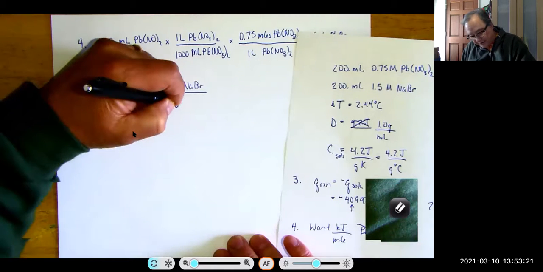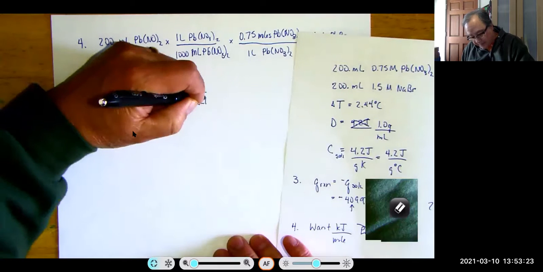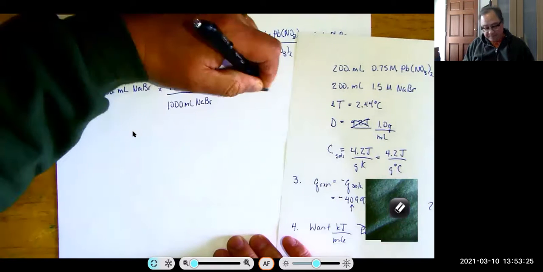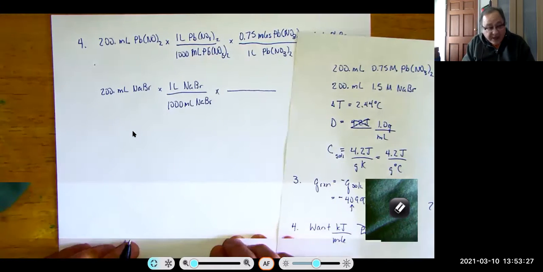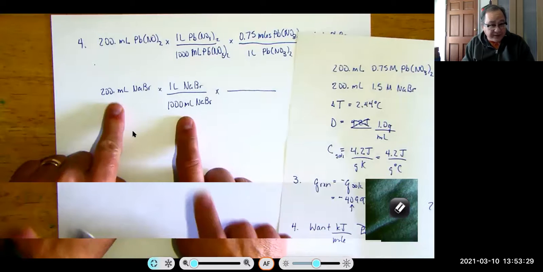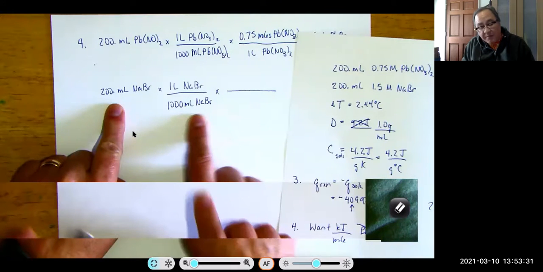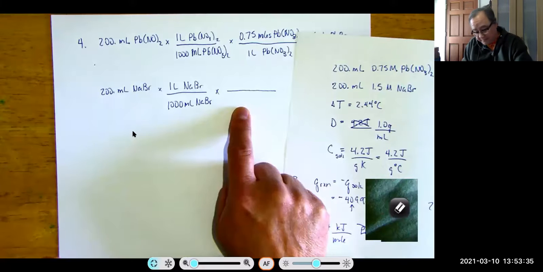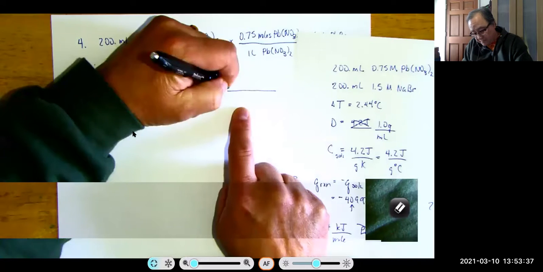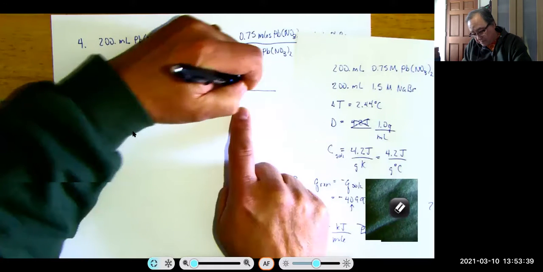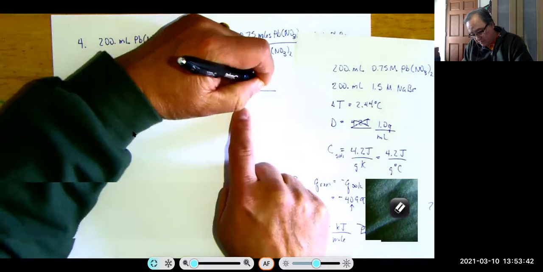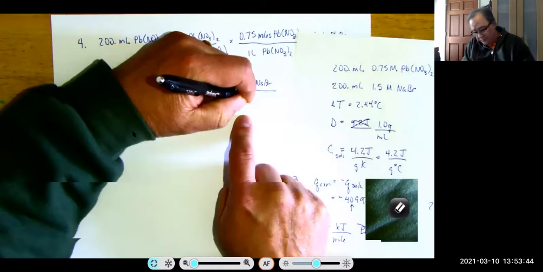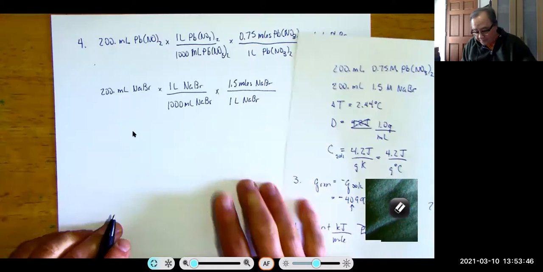And you're going to see in just a minute where it differs. So right here, I'm changing the milliliters to liters, but the molarity is not 0.75, it's 1.5. So the molarity is different.